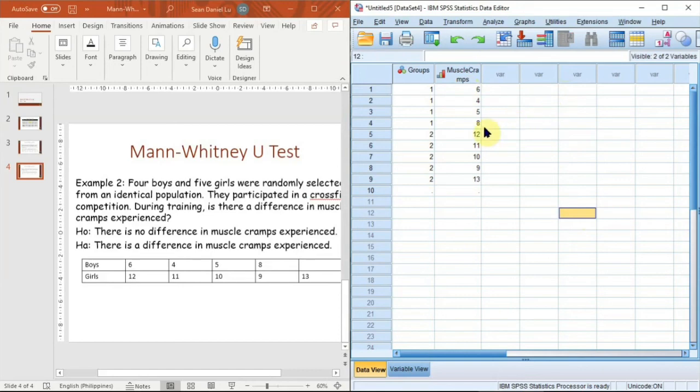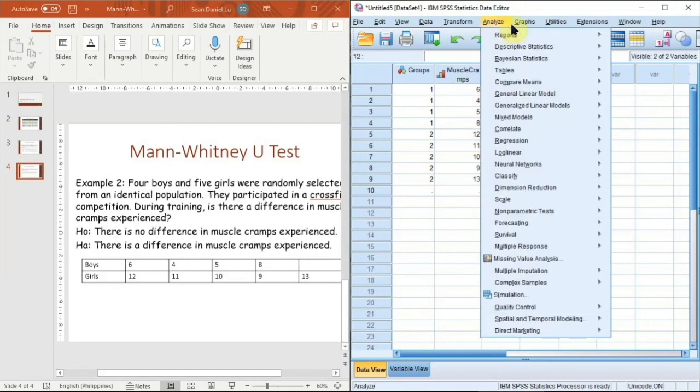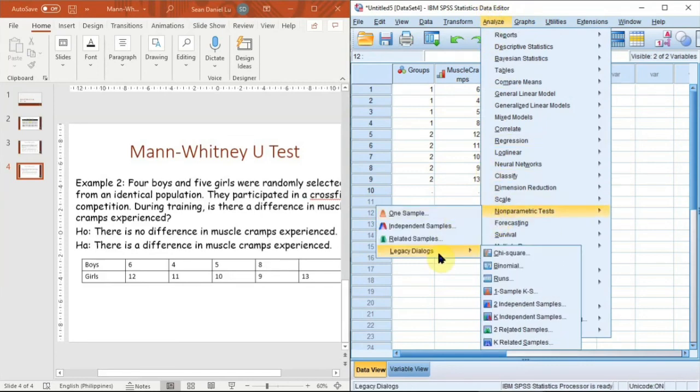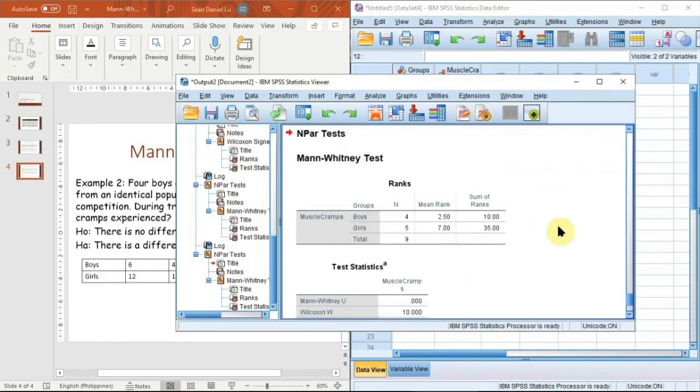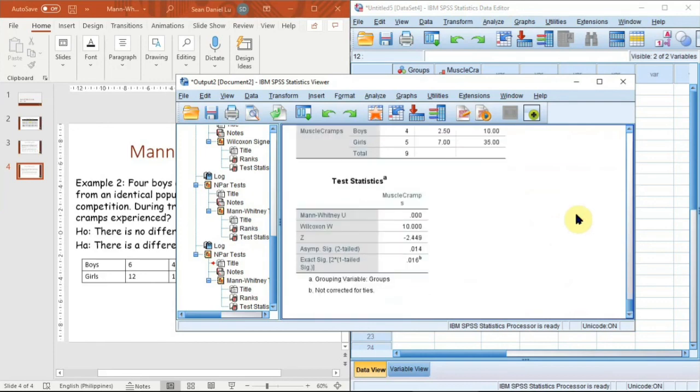Now to analyze this data using the Mann Whitney U Test, again we go to Analyze, Non-Parametrics Test, Legacy Dialogues, 2 independent samples. Mann Whitney U, hit OK. Our test statistic would be equal to 0.016 and it is less than 0.05.